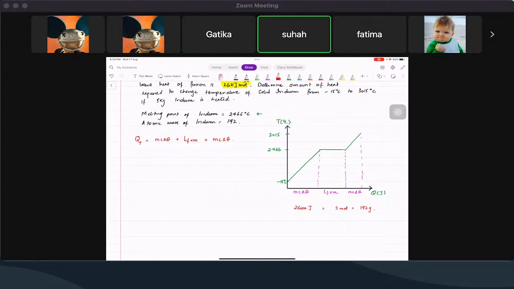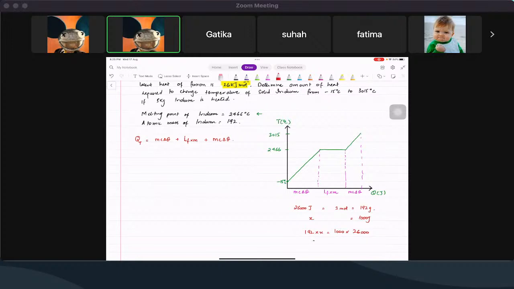So if I want to change it into kgs, what do I need to do? In 1 kg there are 1000 grams. So how much energy will be there? I need to cross multiply this. So when I cross multiply, it will be 192 times x equals 1000 times 26,000.